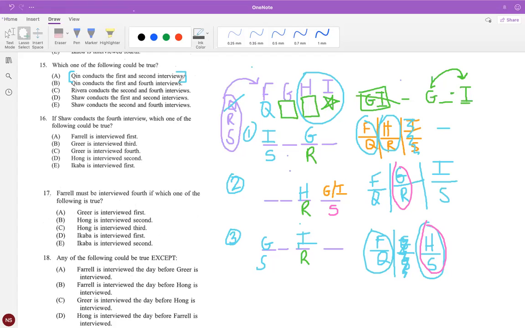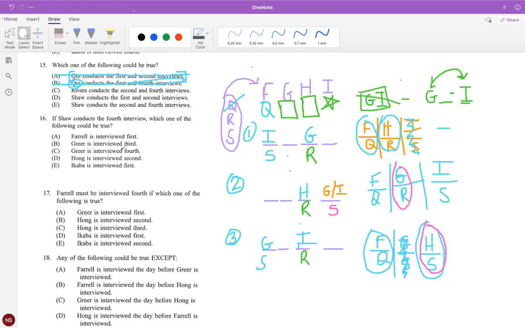I want to say because Q only interviews F. Yeah, Q only interviews F. And if it were to interview two, it wouldn't work because G and H have to be interviewed by the same person. So we know that one's wrong. That can't happen. Okay. So Q conducts the first and fourth interview, so that's wrong as well. We could never have Q going twice.